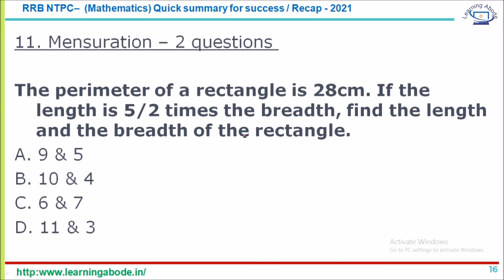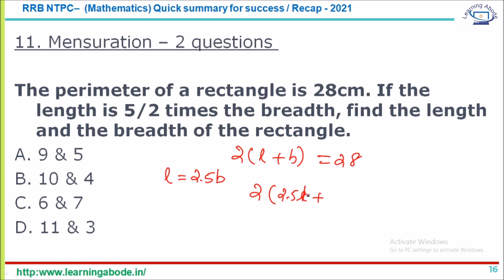Here the question says perimeter, that is 2 into L plus B, is 28, and L is 2.5 times the breadth, that is 5 by 2 times the breadth. So 2 into 2.5 B plus B is equal to 28. That is 2 into 3.5 B equal to 28, 7 B equal to 28, so B equal to 4.